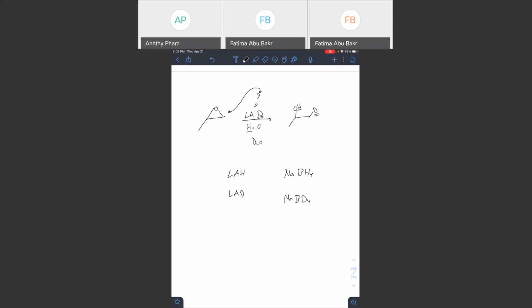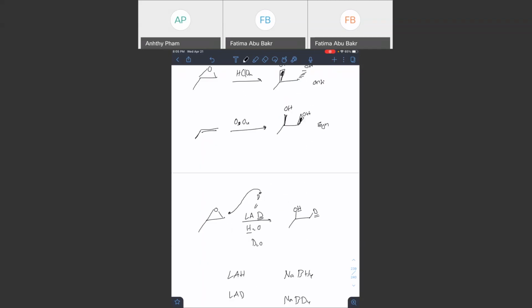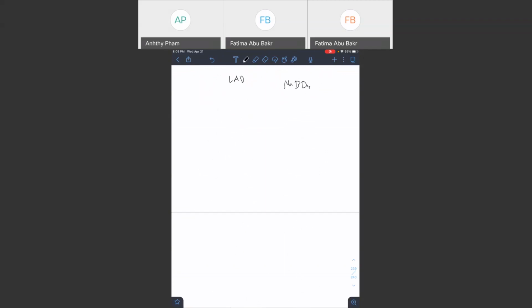That kind of ends that section about the epoxides. From here, I just want to finish up some other things related to Grignard reactions or related to carbonyls, I guess. And then from there, I'll do a couple of retrosynthesis questions and we'll be done.